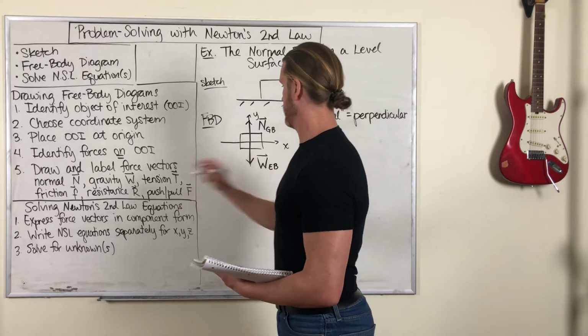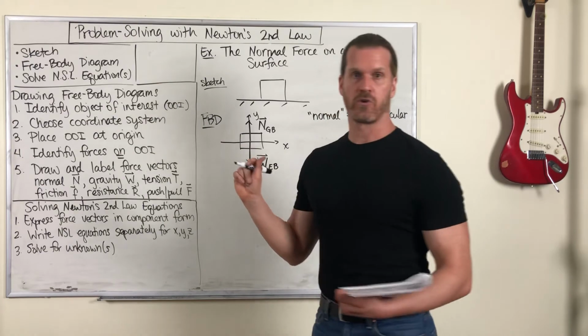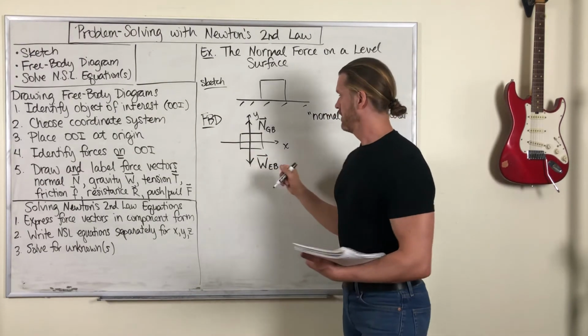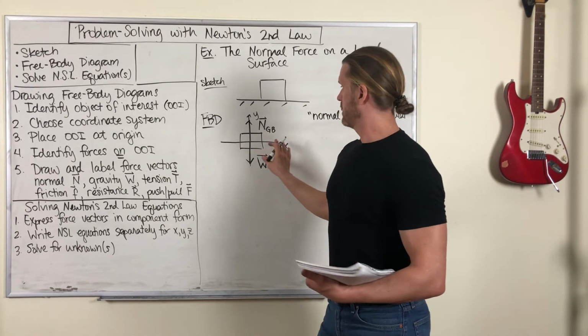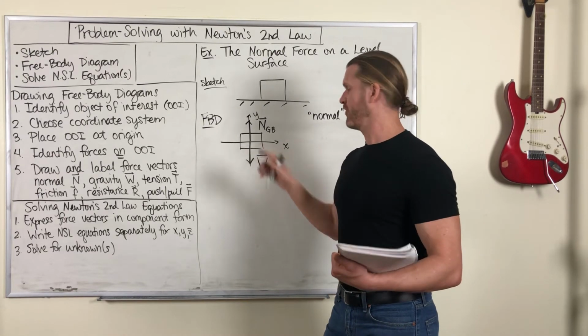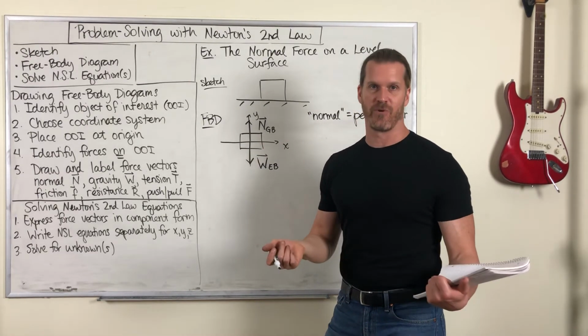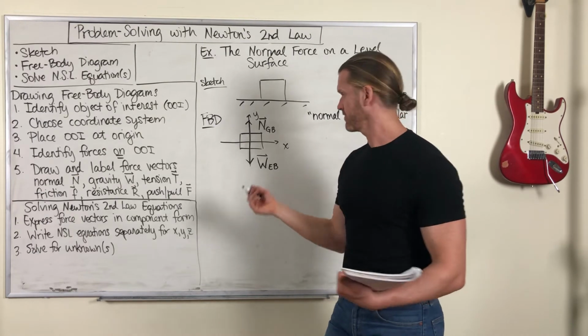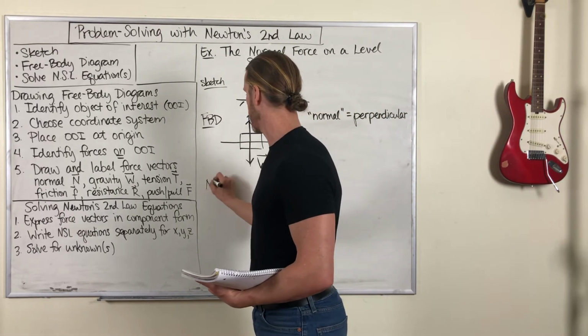So let's do the Newton's second law equations for this problem. We don't really need to do the x direction. There are zero forces in x and there's zero acceleration in x. So let's just do Newton's second law in the y direction.